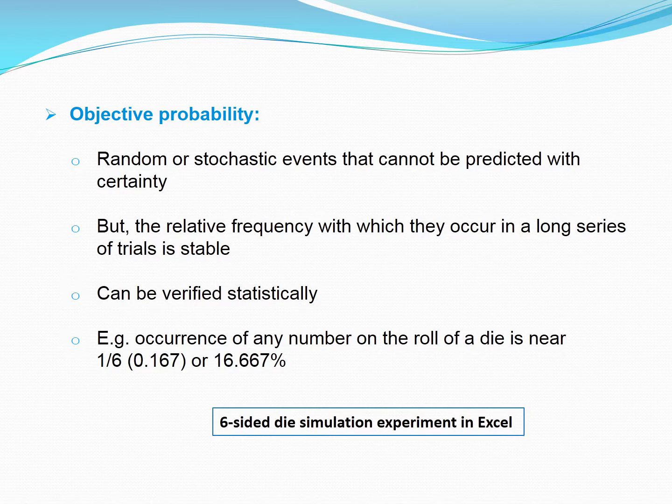For example, if you roll a die a number of times, then your relative frequency will stabilize at 1/6 or 0.167 or 16.667% for each outcome of the die, because each number on the die will have a chance of 1/6 of occurring. Obviously, you don't have time in class to throw a die thousands of times, so I simulated the experiment in Excel for you to illustrate this concept.